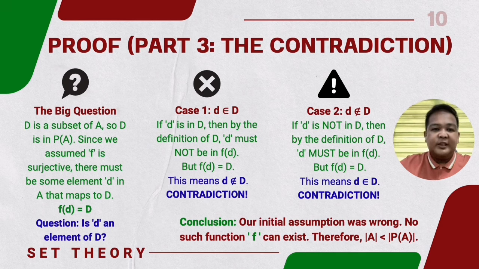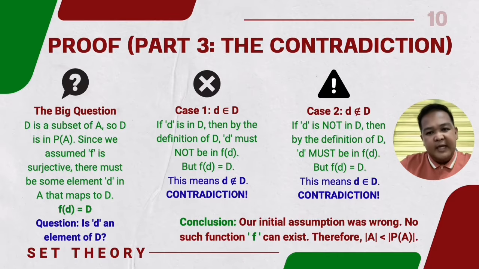For our first case, suppose d is in D. By our definition of D, d should not be in f(d). But since f(d) = D, this leads us to a contradiction because it implies that d is not in D.